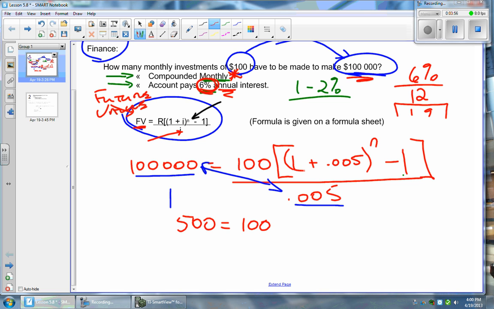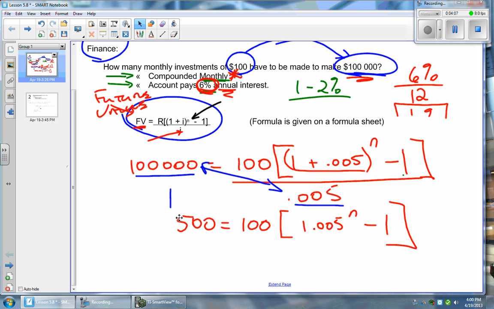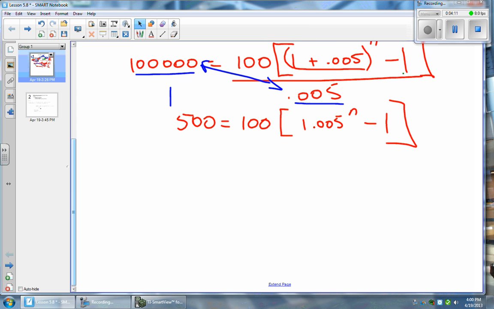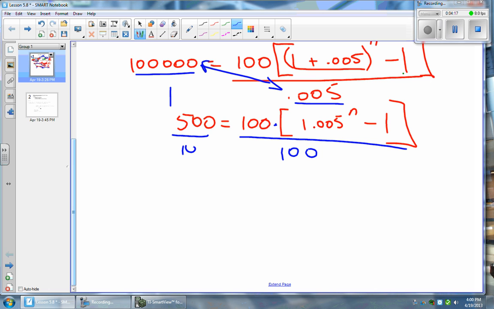Look at this. Now you can add this together. Well, that's not so bad. This is 1.005 to the power of n. Subtract 1. Well, that's not such a bad looking equation all of a sudden. Okay, let's keep on going then. How can you solve this now? Remember, this is times. So, of course, divide by 100. Divide by 100. Oh, boy.